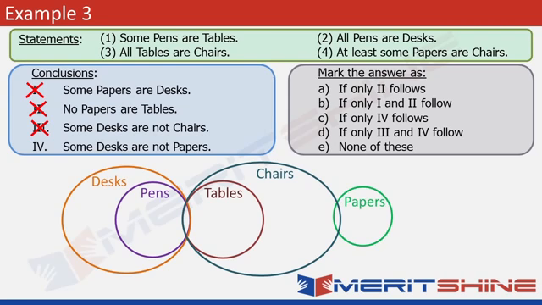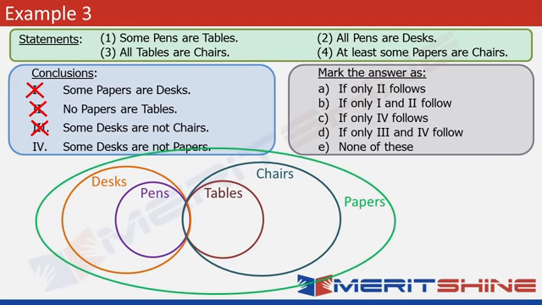You should be able to see that, especially after dealing with conclusion 3. Yes, you definitely can. Alright, let me draw it for you. So this is it. So you can see that some papers are still chairs, but now all the desks are papers. So that's a possibility. It means conclusion 4, some desks are not papers, is not necessarily true. So it means it does not follow. And our answer would be option E.